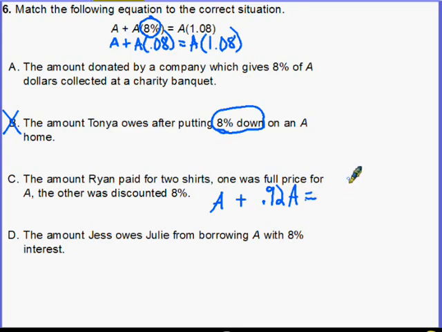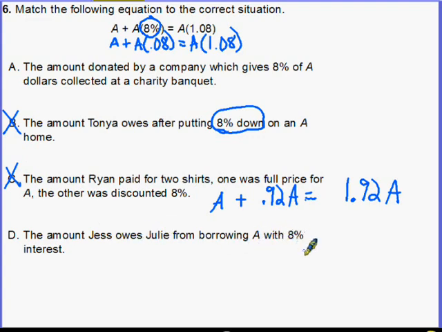So what that would really equal is 1.92A. Alright? And that's completely different than what we have up here. This is 1.08A. Alright, so we know that can't be it.